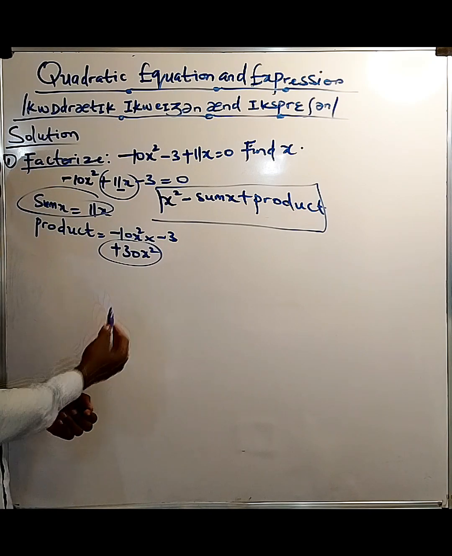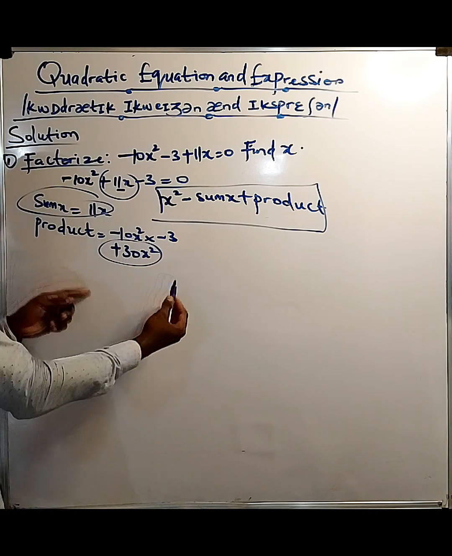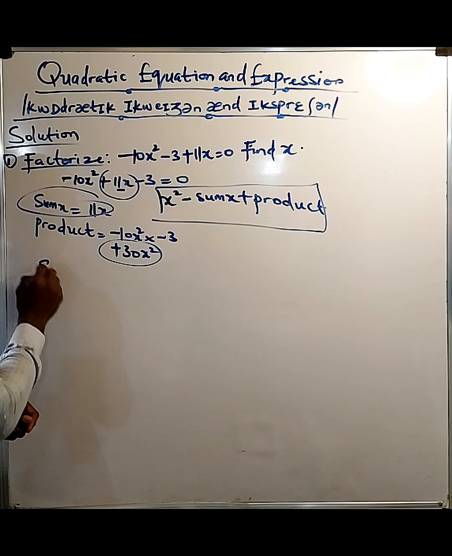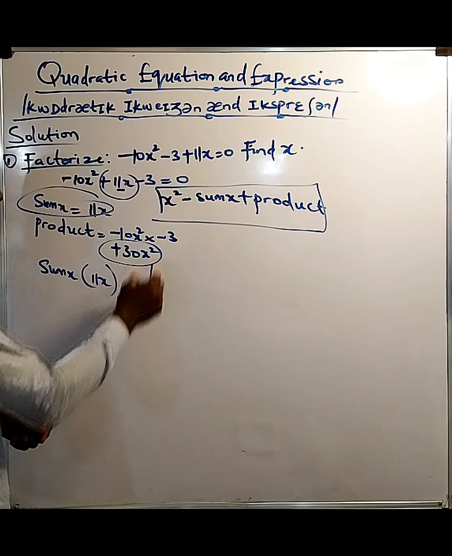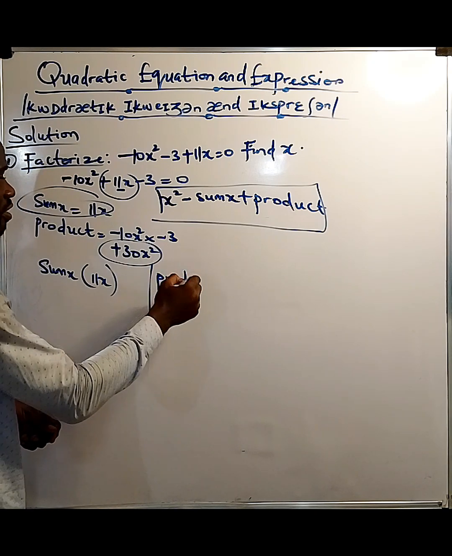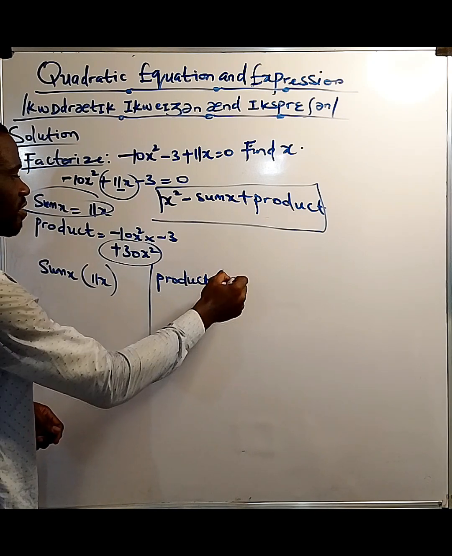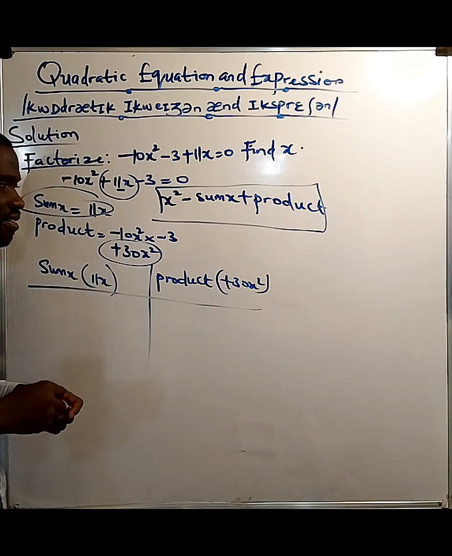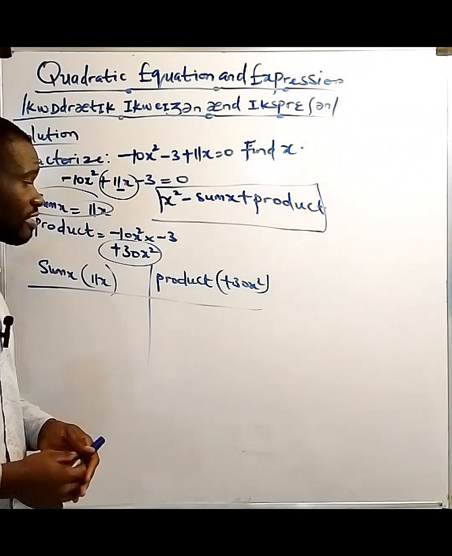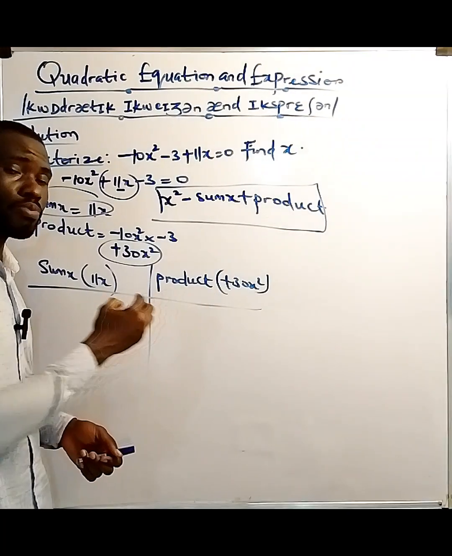The next thing is we're going to use our table. We're going to put the stuff in our table and then get the factors. So the sum x is plus 11x. The product is plus 30x squared. So what do we do next? The next thing we do is take our time to check the kind of product that we have.